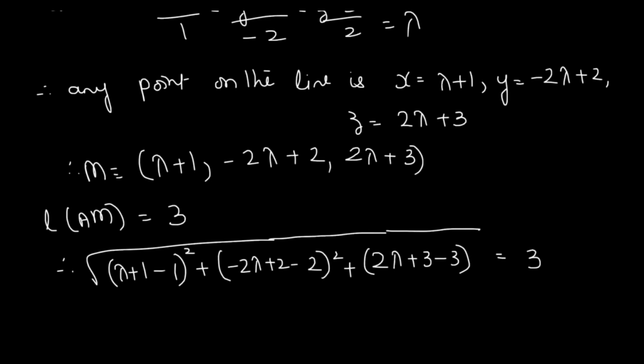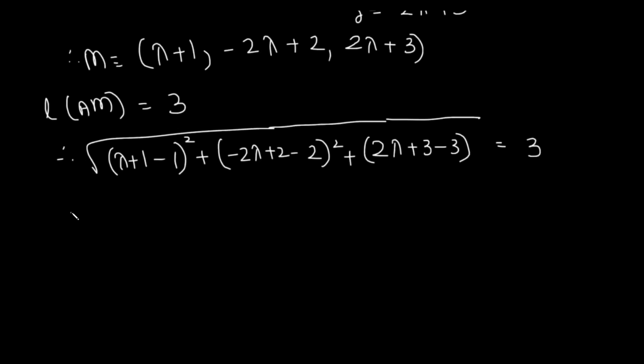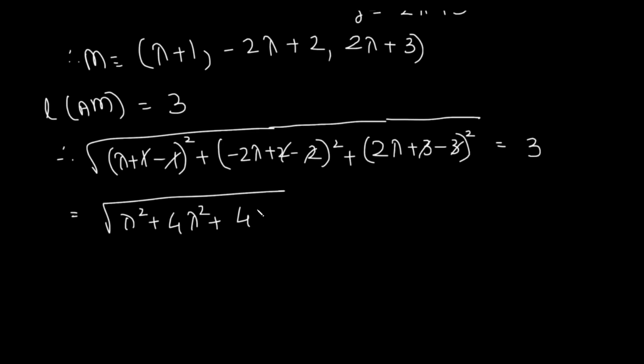So from this we are going to get the root of, now plus 1 minus 1, these values are going away. Over here also the square is there. So we get lambda square plus 2 lambda square becomes 4 lambda square. So 4 lambda square plus 2 lambda square, again we get 4 lambda square is equal to 3.